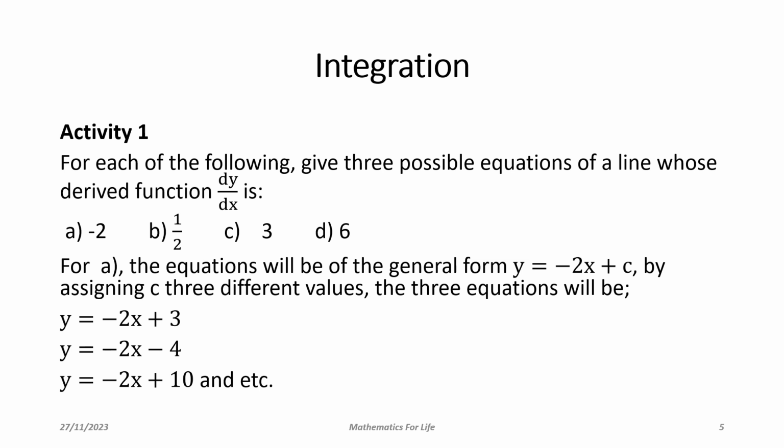Basically, given the gradient function, one can determine the general form of the equation before it was differentiated to give the gradient function. And usually, for a straight line, that general form will be y = mx + c.